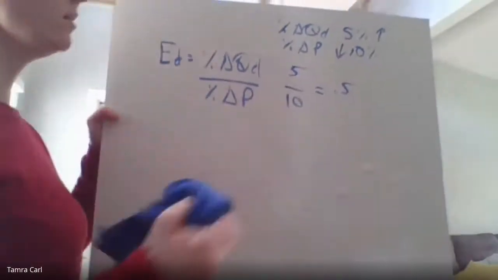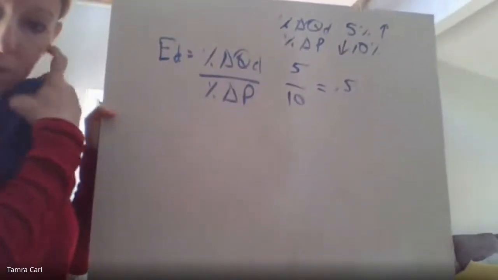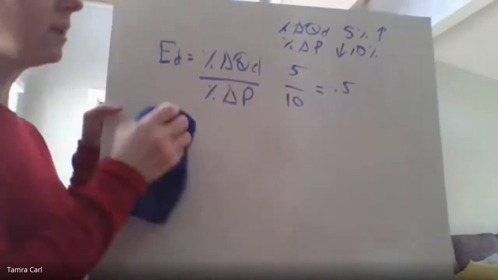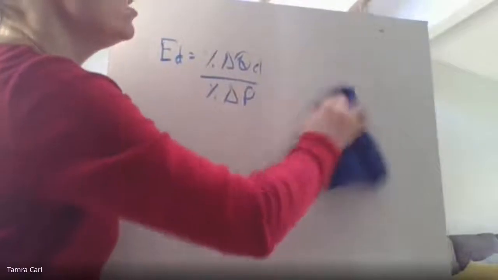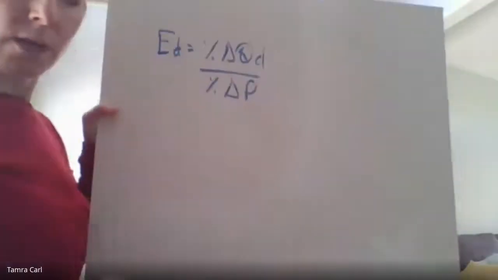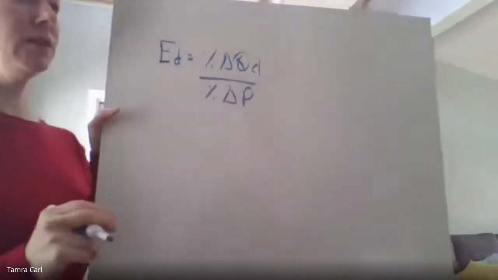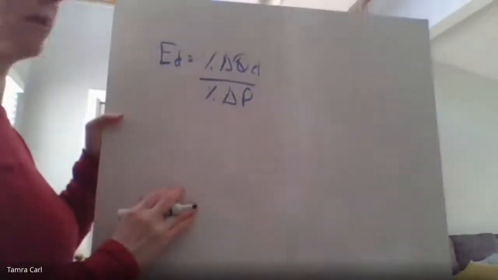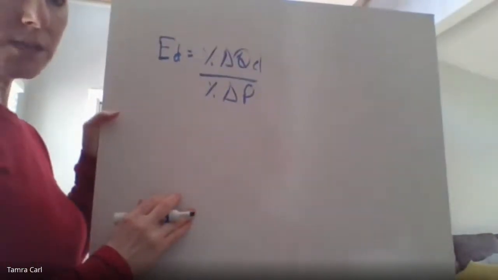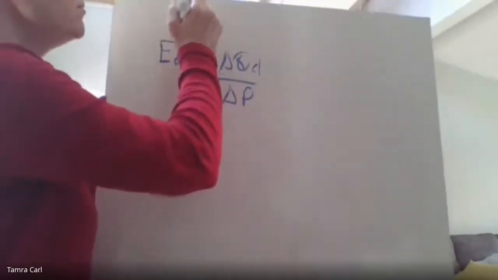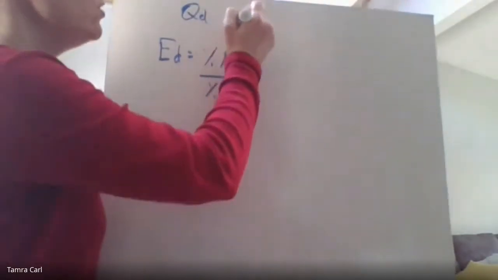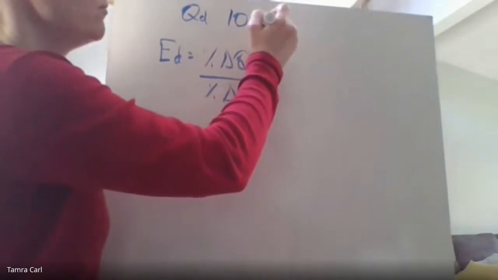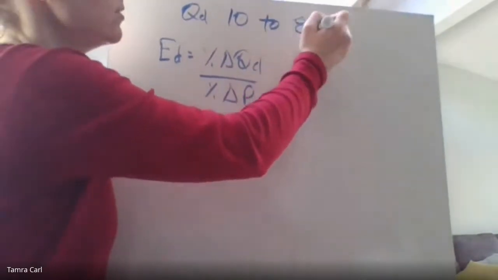Instead of telling you the exact percentage changes, they could give you a word problem. This is what's so hard when I'm just making these up on the fly, but they could say something like the quantity demanded changed from 10 units to 8 units.